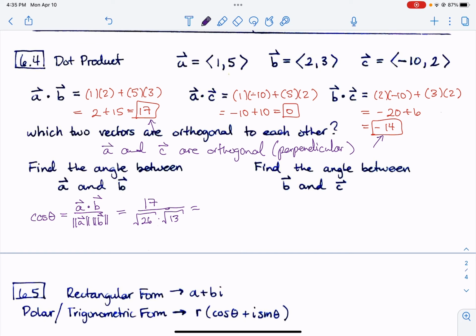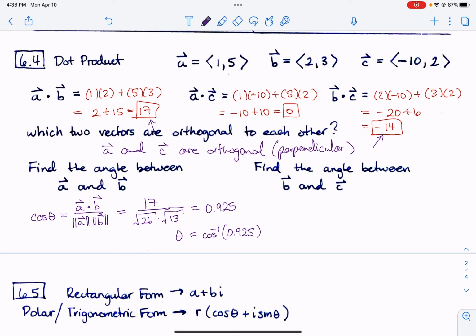And so this gives us, let's get an approximate answer here. We get about 0.925. If you ever get a number at the end here that's bigger than 1, you've done something wrong. You should always get a number in between -1 and +1. Right? Now, what do we do with that number? That's not the angle, right? The angle is the inverse cosine of that number, 0.925.